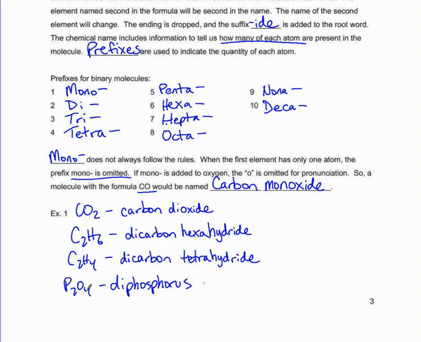And 4 is tetraoxide. S2F10, we have 2 sulfurs.